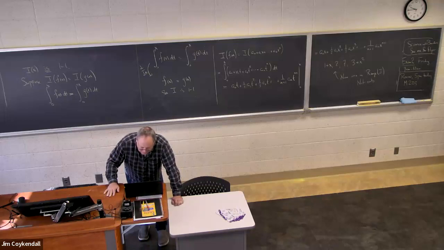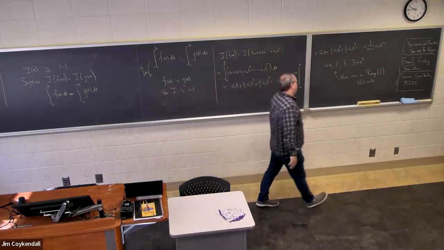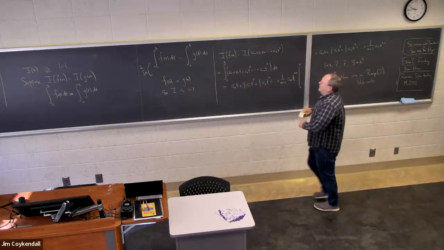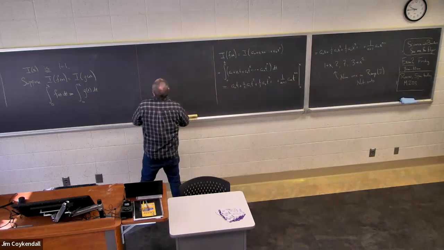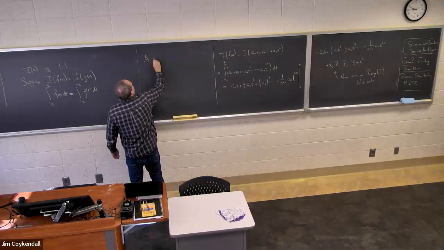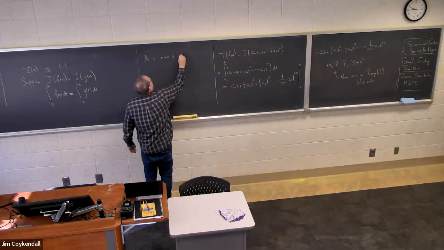suppose, okay, this is kind of a fun problem. Suppose you have an n by n invertible matrix A. So let me give you the setup here. A is n by n and invertible.